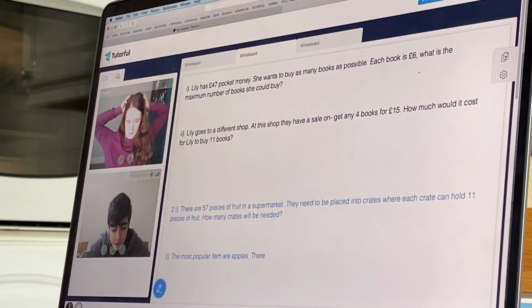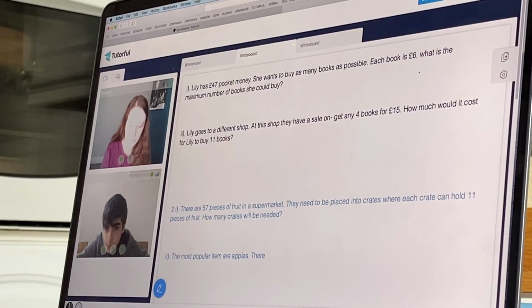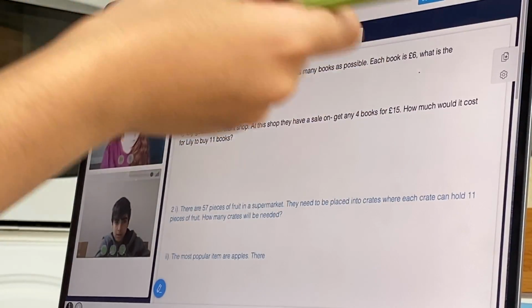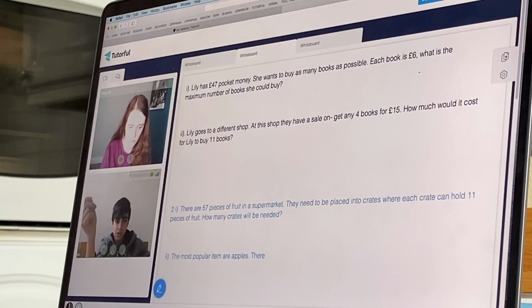Then you have 47. She wants to buy books at £6 each. What is the maximum number of books she can buy? 7 remainder 6, so she can buy 7 books and have a remainder of £6.